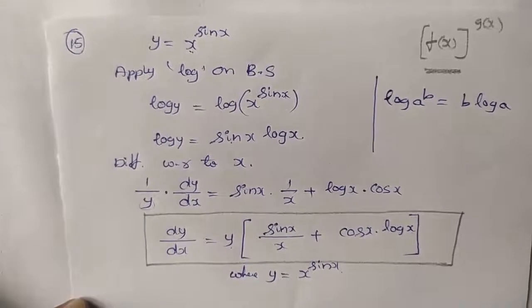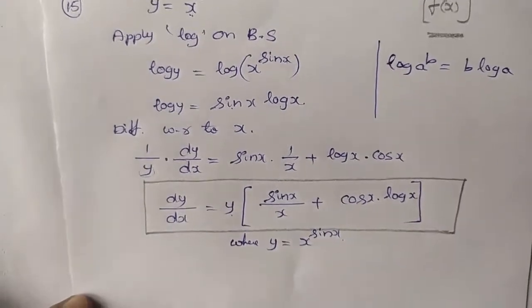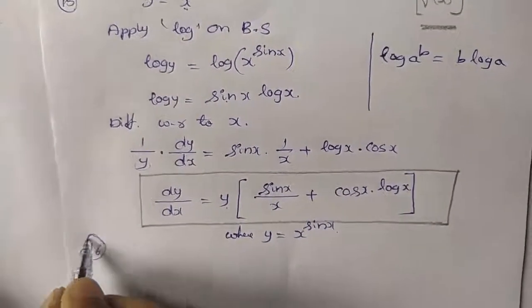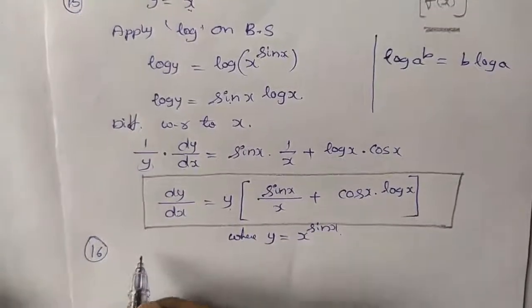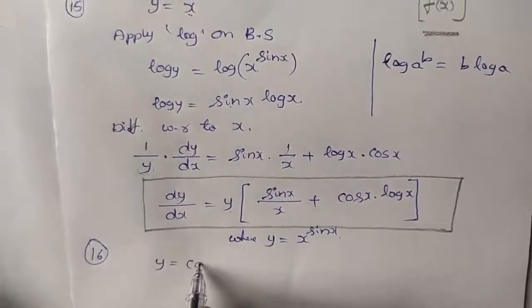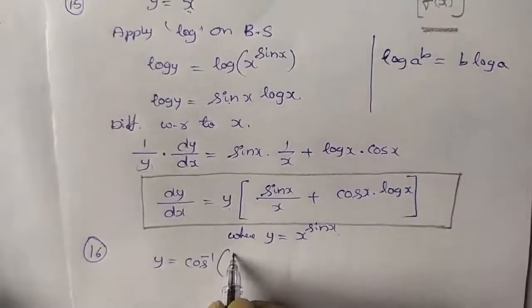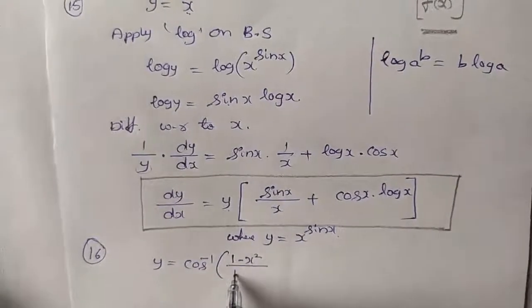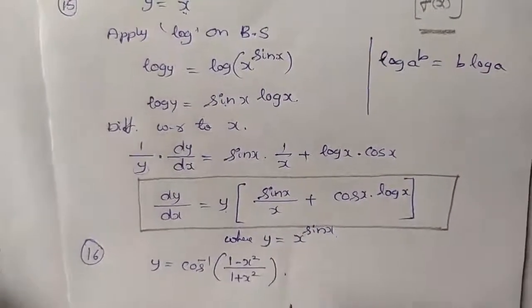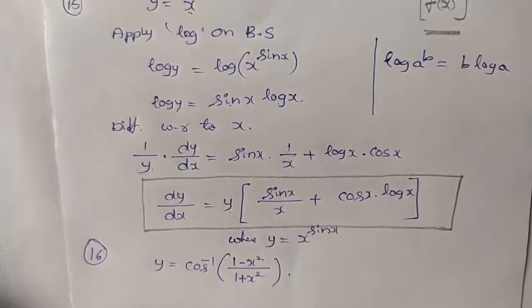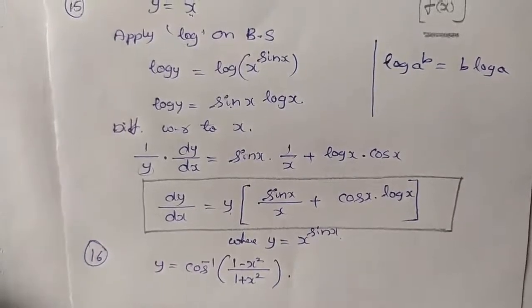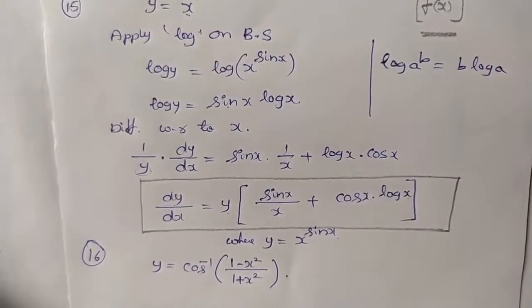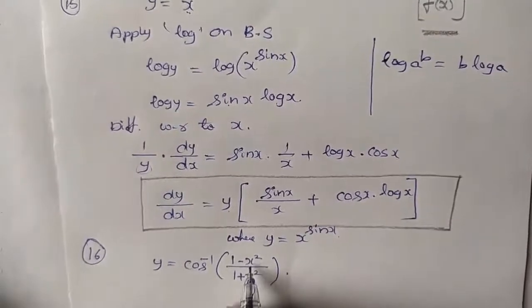Now see the 16th question. If y equals cos inverse of 1 minus x square divided by 1 plus x square, then find dy by dx. For this we need to take a substitution. Put x equals cos theta.